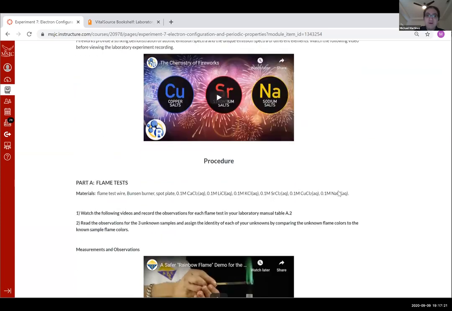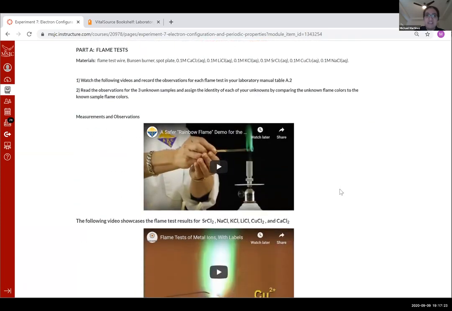So in terms of what we're doing practically in this experiment, what we're doing today is we're going to be looking at part A of our lab, which is flame tests. You're going to watch the following videos and record your observations in table A2.